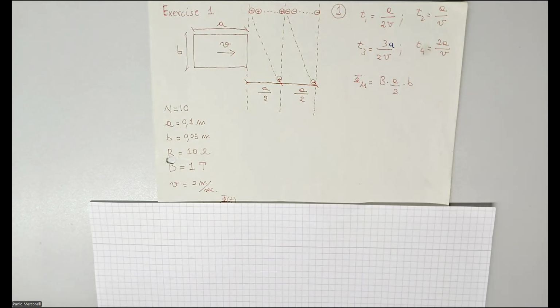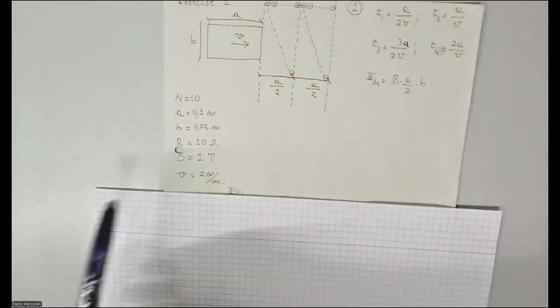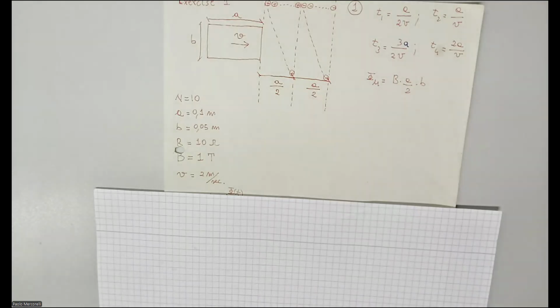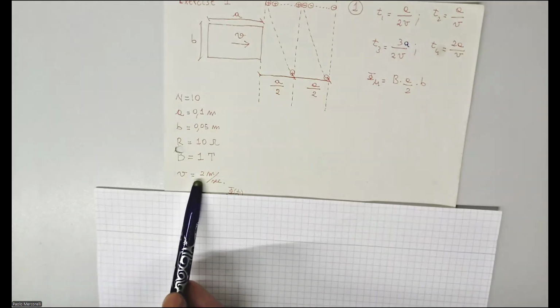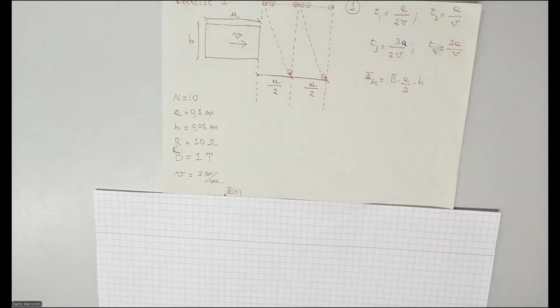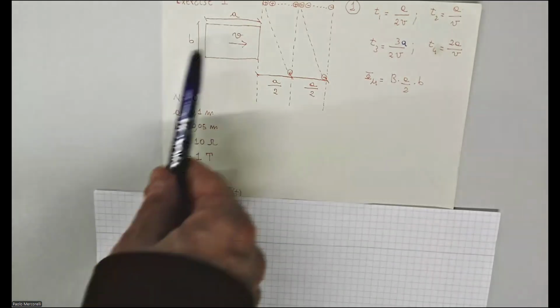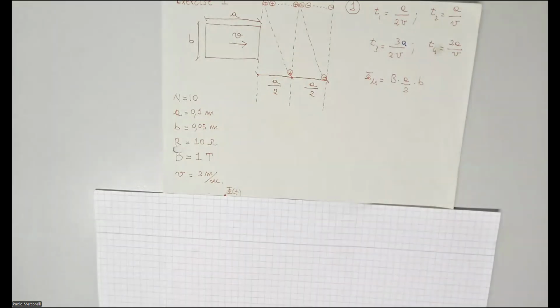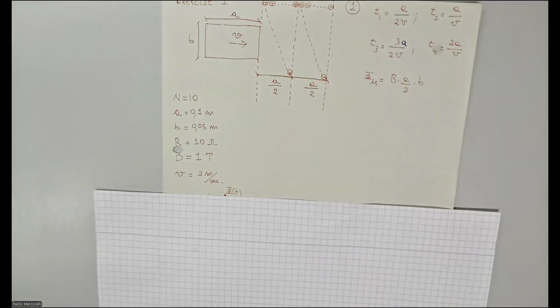A is given. Very important, this is the hypothesis: we are moving with a constant velocity of 2 meters per second, in this direction, basically going inside. The coil goes inside. How the coil goes inside is not given. But of course, we can imagine that if the velocity is constant, in accordance with what I told you last time, we have a force.